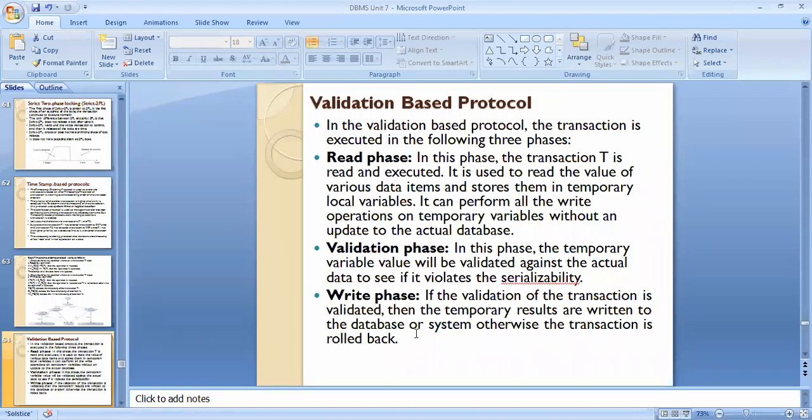And the write phase: if the transaction is validated, then the temporary results are written to the database and system, otherwise the transaction is rolled back.